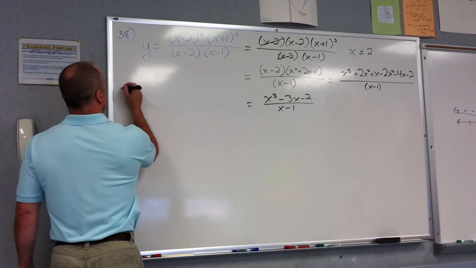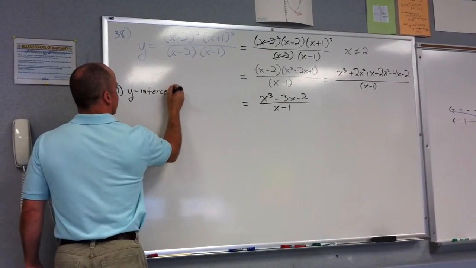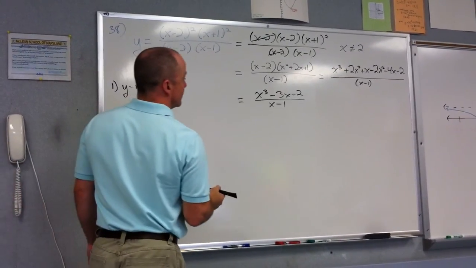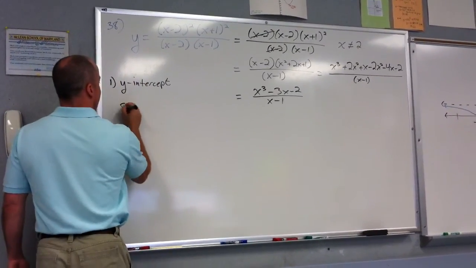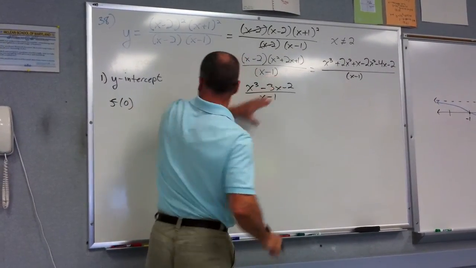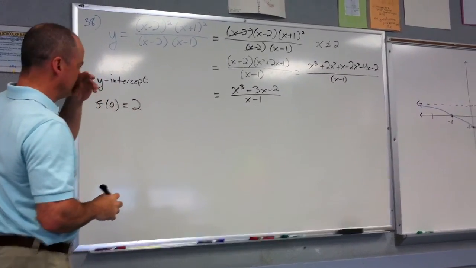Okay, first one I said was y-intercept, right? One advantage to foiling it is it does make it easy to see that f of 0 is just going to be positive 2. Is that correct? Yeah.